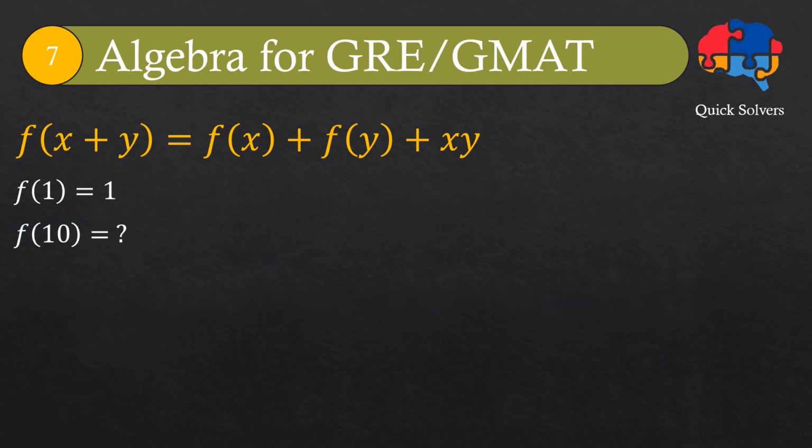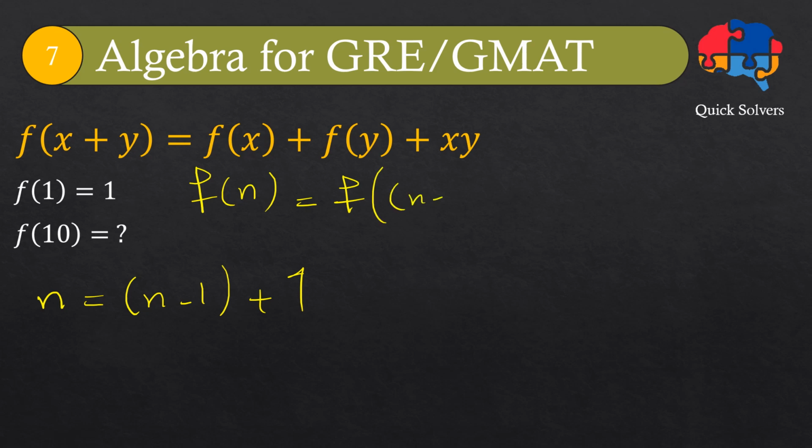All right, so let's make a generalization. Instead of f of 10, let's assume that I want to find f of n. And you agree that I can write n as n minus 1 plus 1. Then I can rewrite f of n as f of n minus 1 plus 1.